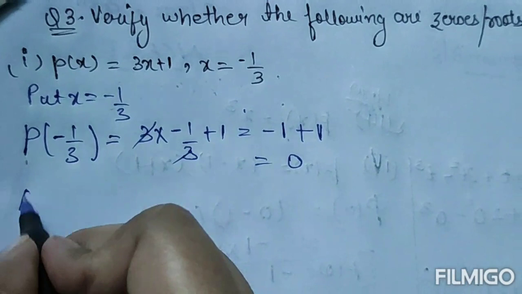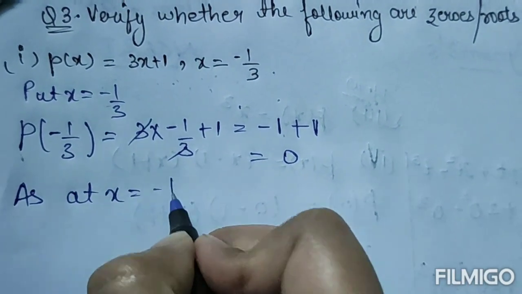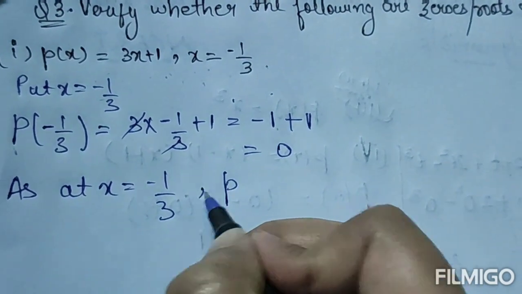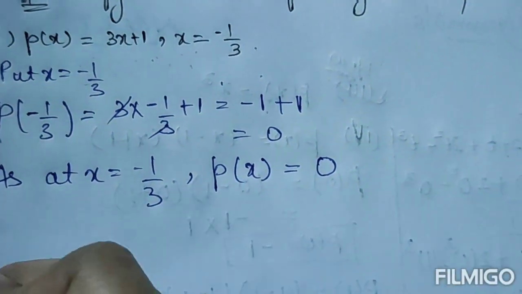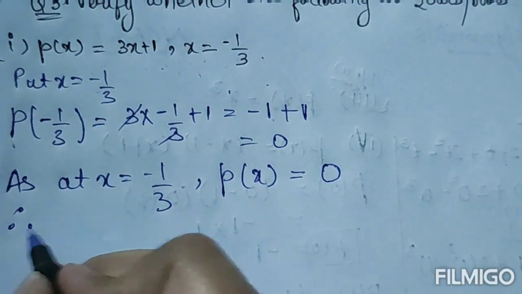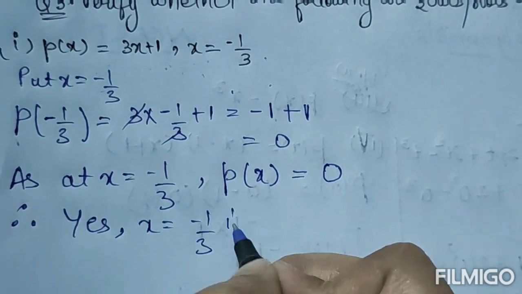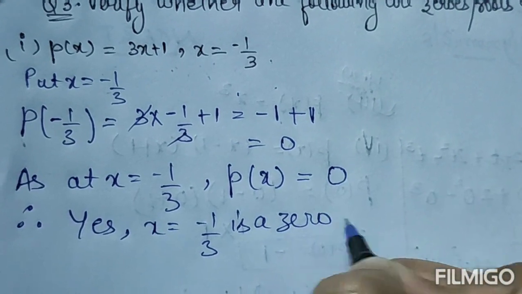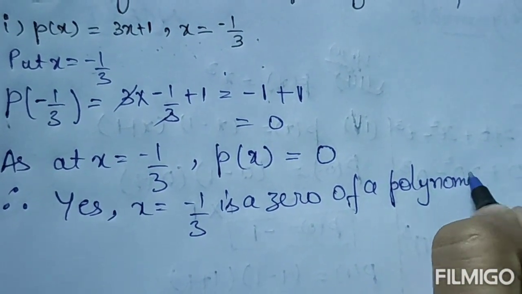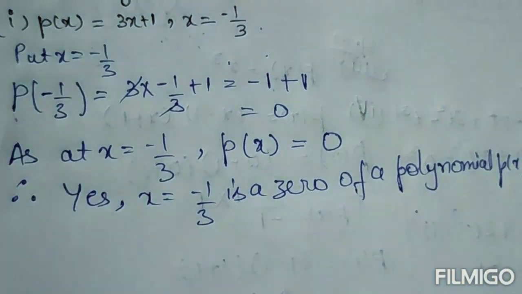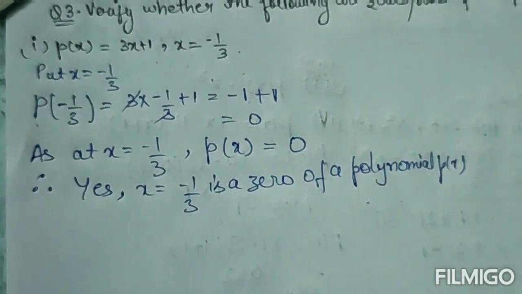So look, at x equal to minus 1 by 3, p(x) is 0. Therefore, yes, x equal to minus 1 by 3 is a zero of the polynomial p(x). Clear? Now move to next.